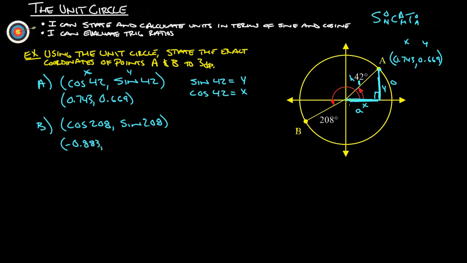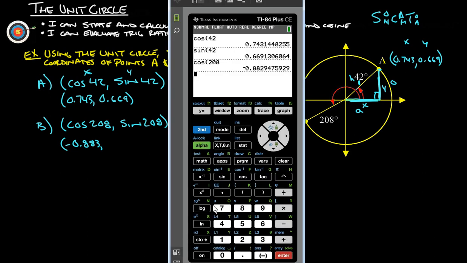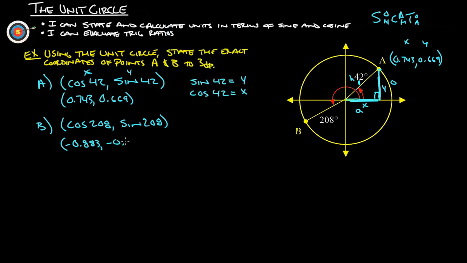Right, and that makes sense because we're going to the left. That's the negative direction. And then to do the y, we're going to do sine of 208. And we get negative 0.469. Okay, and that's that distance from here to here.